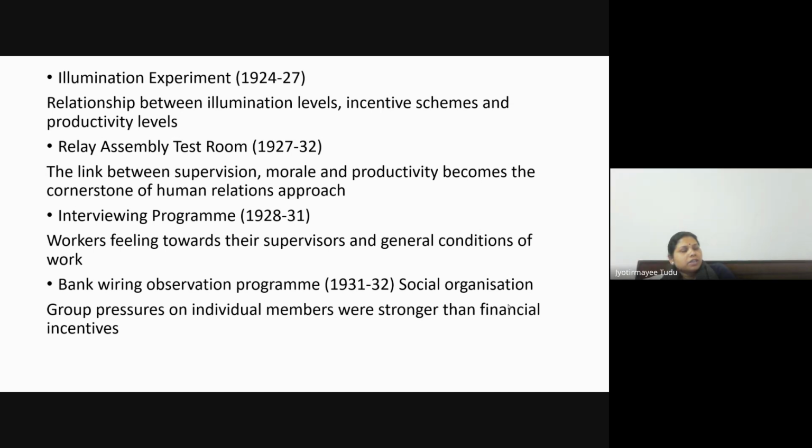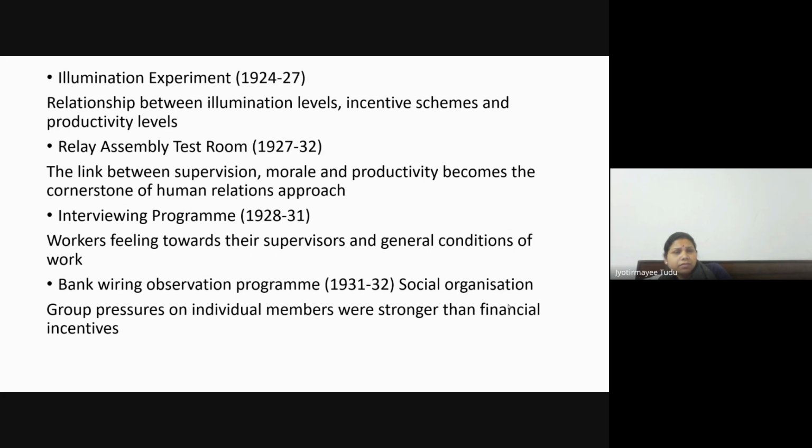These groups were to be monitored to see whether, if they were exposed to a situation where the lighting conditions were reduced, or the incentive schemes were not provided, it would matter in the productivity levels.